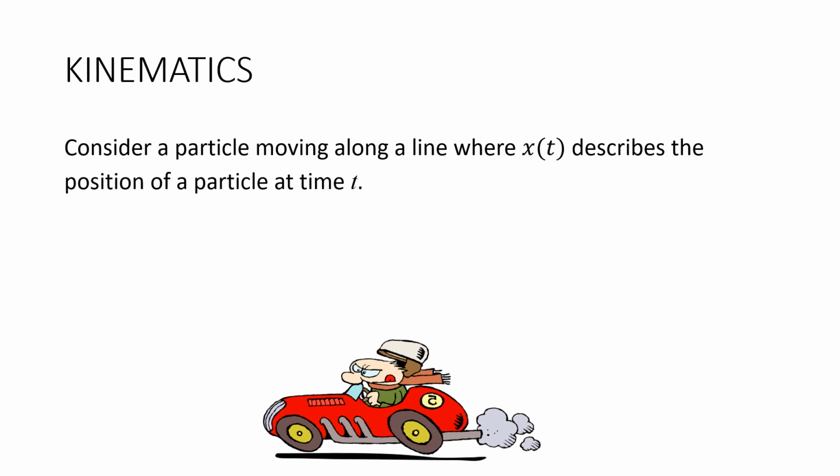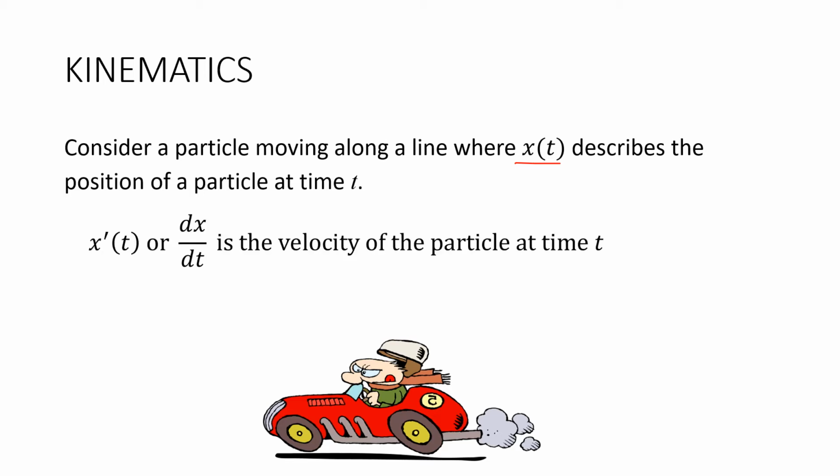So here's an example. And this is from a field called kinematics. We're going to do a whole video on this, so don't worry too much about this at this stage. But consider a particle moving along a line where x of t describes the position of the particle at time t. So it sort of is like this, moving along like this. Now, if we looked at the first derivative, that would be how much is the position changing as time changes, and that's just the velocity.